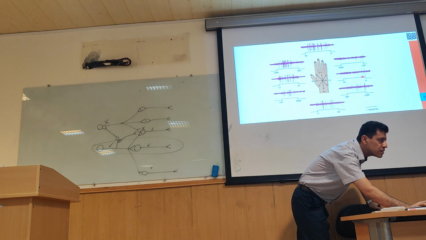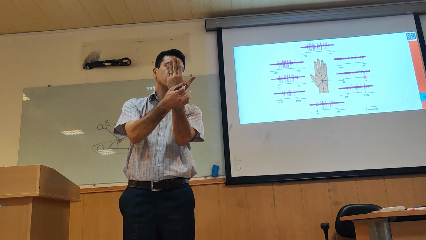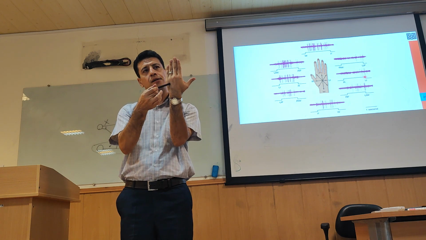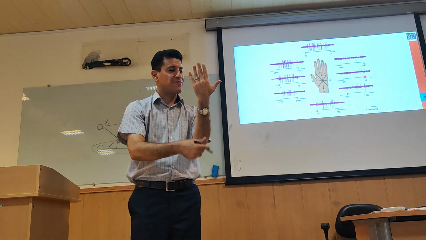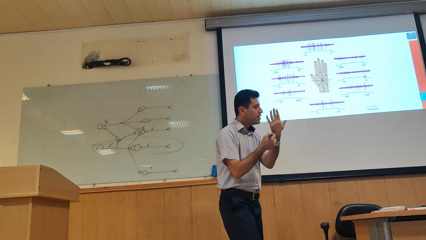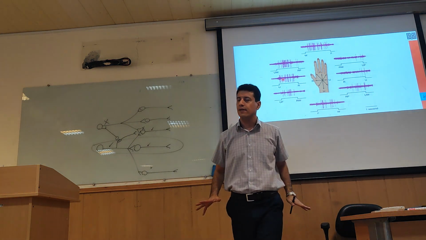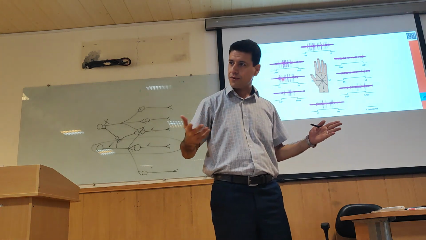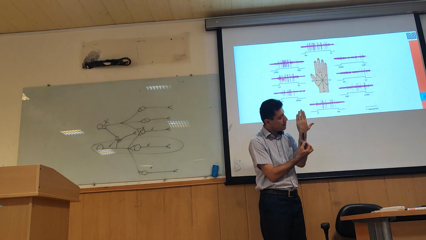When you move from the ulnar side to the radial side, from radial to ulnar there is nothing, but from ulnar to radial you can see that the neuron is very active. It generates several action potentials. Right? So, you do this one and this one.